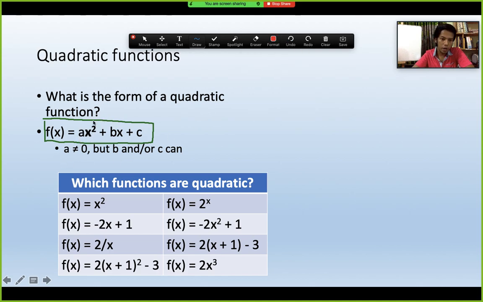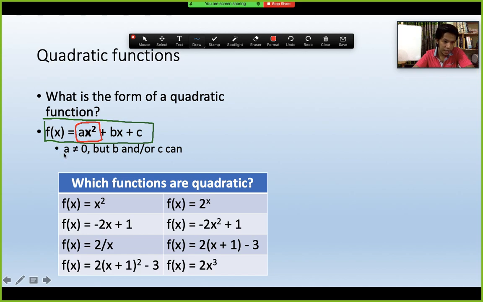And the most important term here in the quadratic function is this term, ax squared. This x squared is the main clue for the quadratic function. If you see x squared, then you will automatically understand that this is a quadratic function.